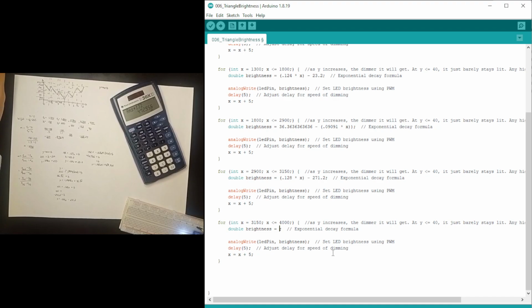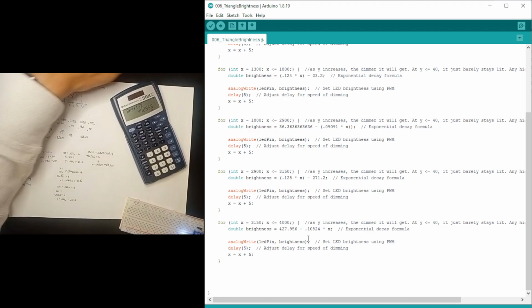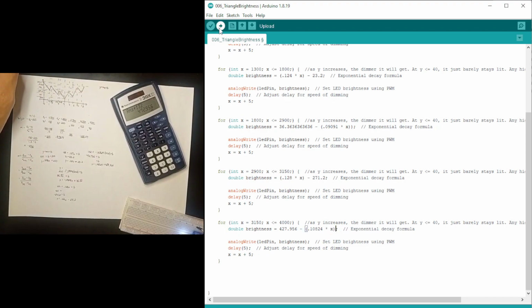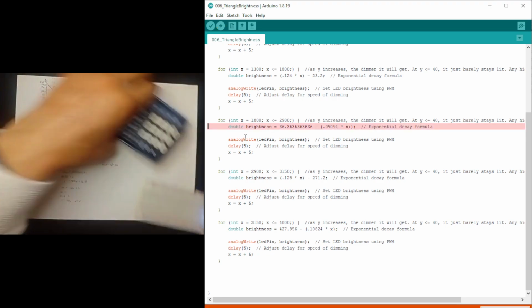Okay. Brightness equals 472.956 minus 0.10824 times x. This should be in parentheses, and this should be in parentheses. Okay, so let's see what happens there.